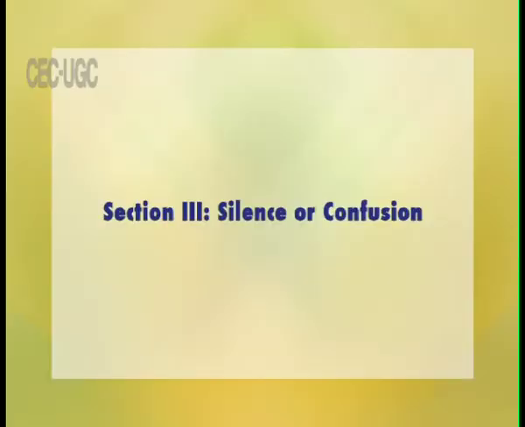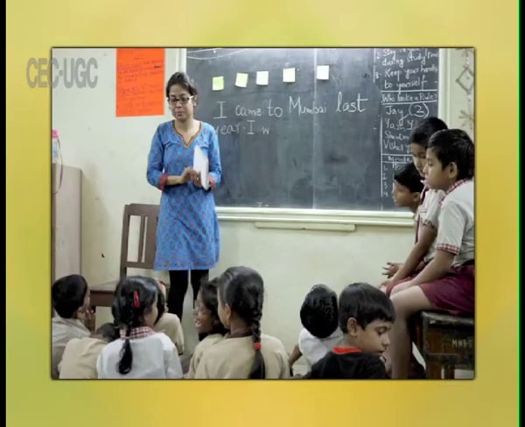Now, students, section third, that is silence or confusion. During teaching, the teacher sometimes observes silence for a few seconds. There may be sometimes pauses shown by the teacher, and sometimes it may be due to some confusion going on in the mind of the teacher.